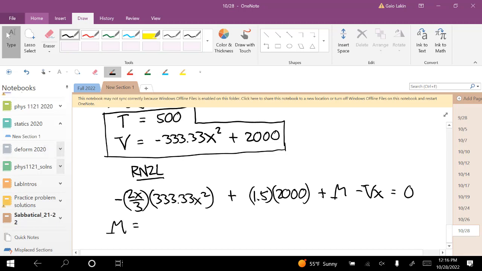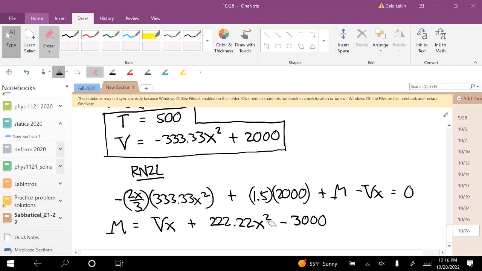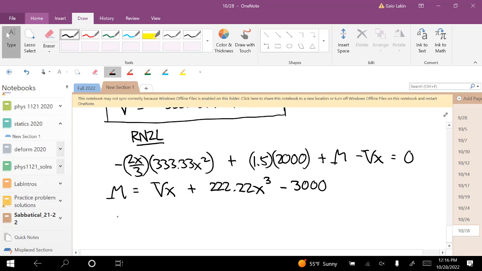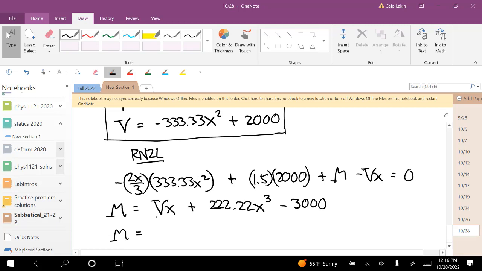So m is equal to v times x plus 222.22x squared minus 3,000. Yes, that was a test. Okay, that's x cubed. And so now for the Vx, you take that function for v that we just found above and multiply it by x.